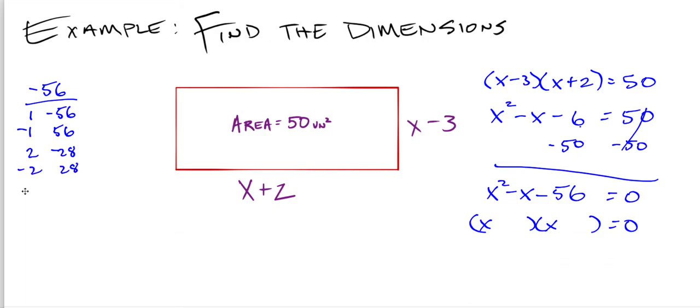Then 3. Does 3 go into that? No, 3 does not go in evenly. Then I try 4. 4 should go into that. 14? So negative 4 and 14.